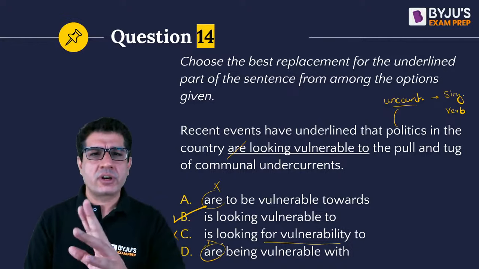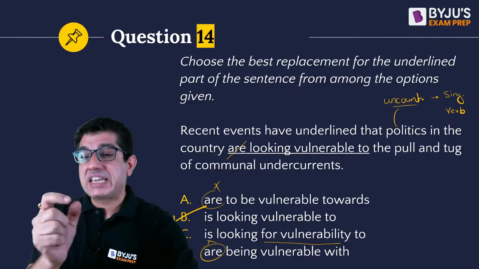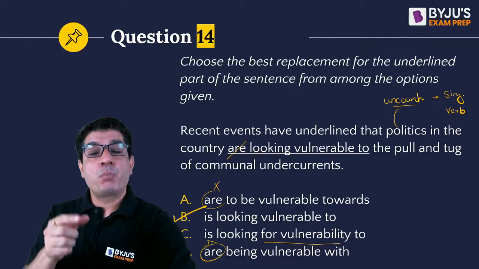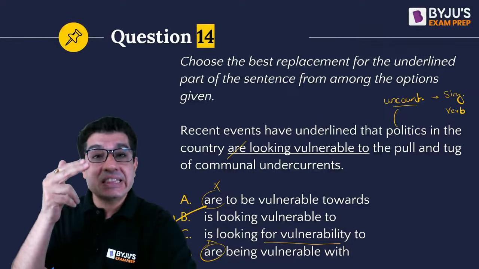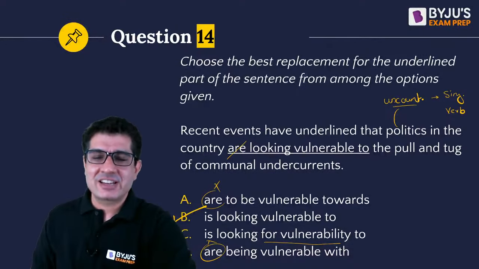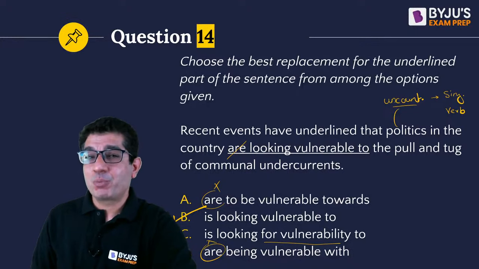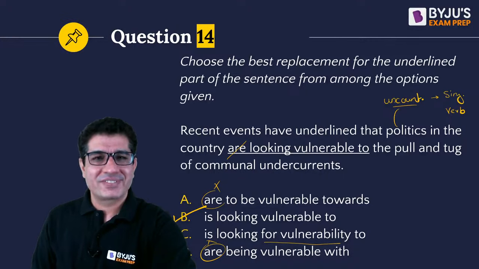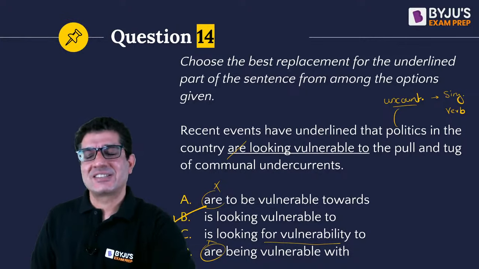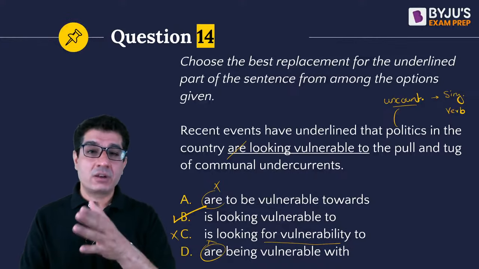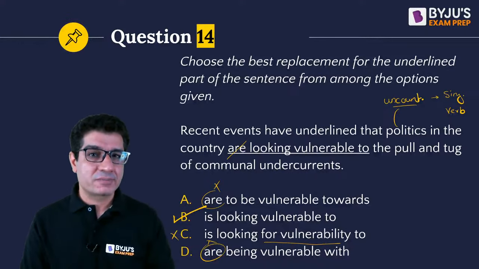Now, I want to draw your attention to the way I began my discussion. I said politics, the way it is used in this sentence, is an uncountable noun. What does it mean? Can we also use politics as a plural noun ever? The answer is yes. In English, a single word can have multiple meanings, right?